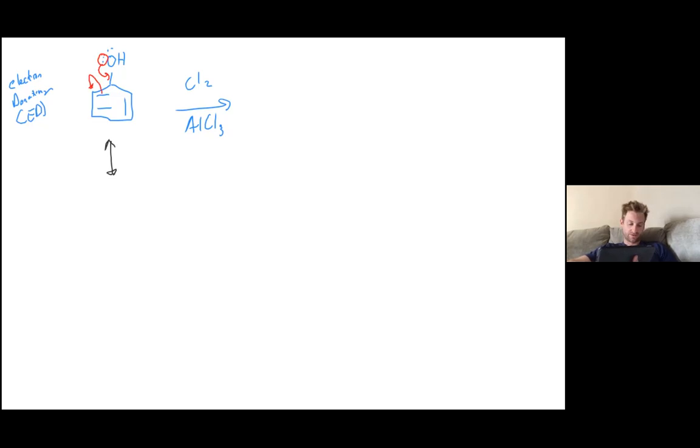So the first resonance structure we're going to get is going to put a negative charge on an ortho position. Our next one puts it para.